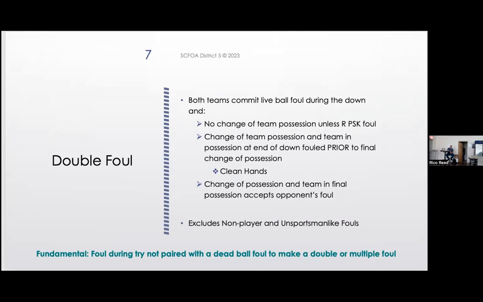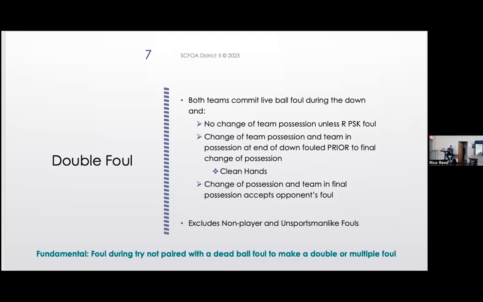Essentially, when you have a double foul and there's been no change of team possession, are there options? We have a hold on A, we have a pass interference on B, and there's no change of possession during the down. No options. What do we do?